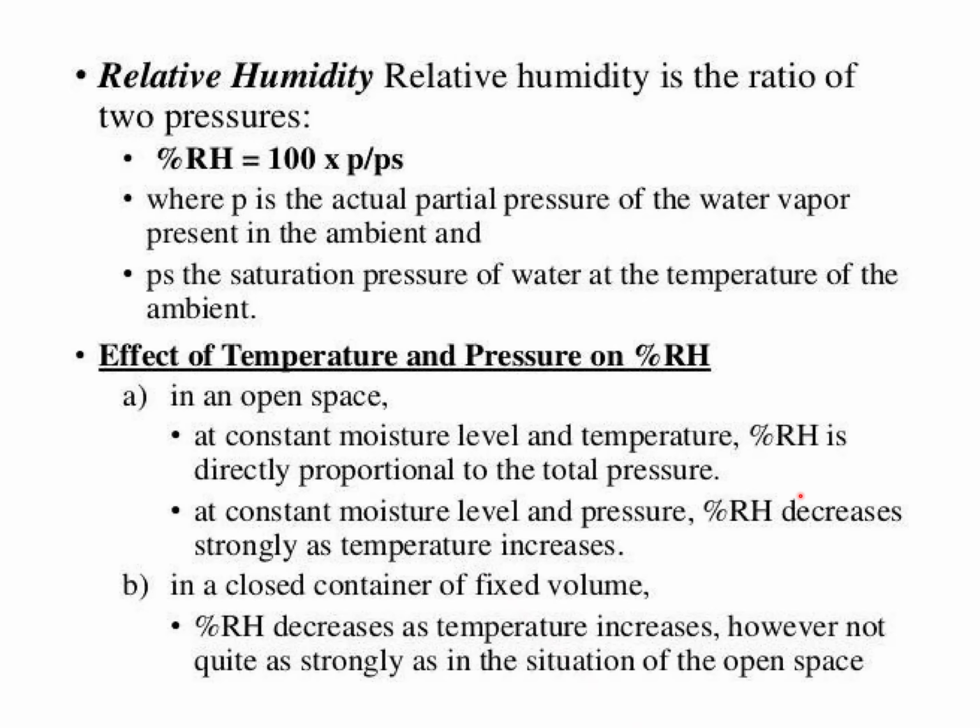It is proportional to the pressure because whenever you increase the pressure, it condenses the air while moisture is present, but whenever temperature is increasing, relative humidity is decreasing, because air capacity is increasing. In a closed container or fixed volume, relative humidity decreases as temperature increases, however not quite as strongly as in open space.